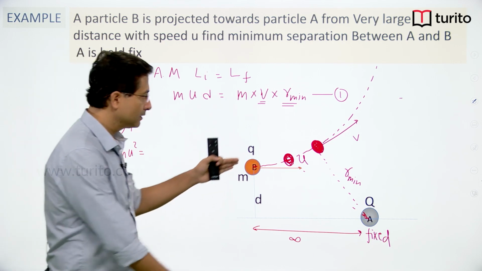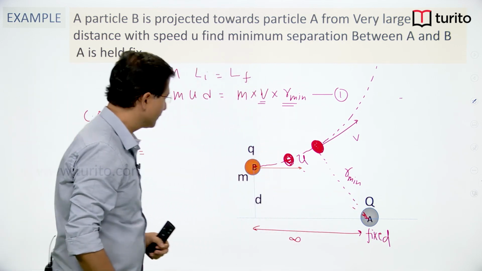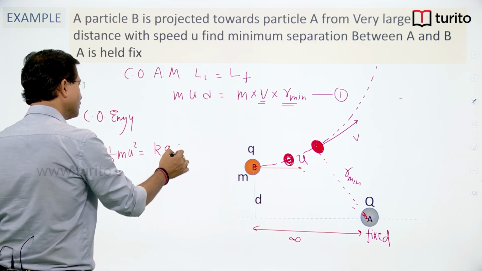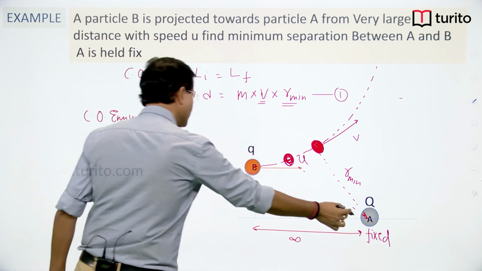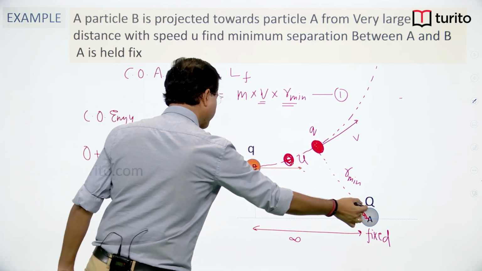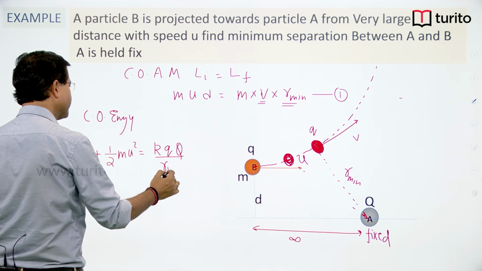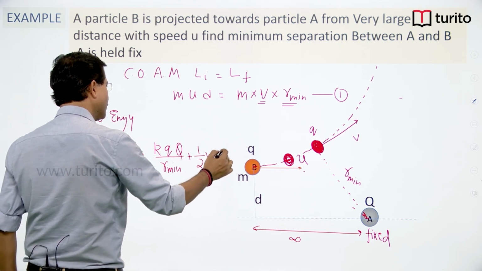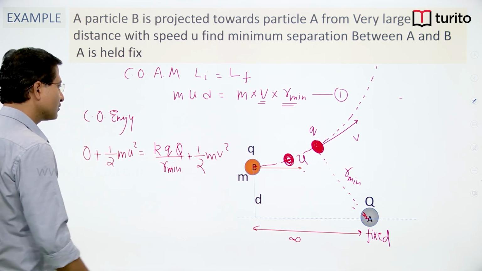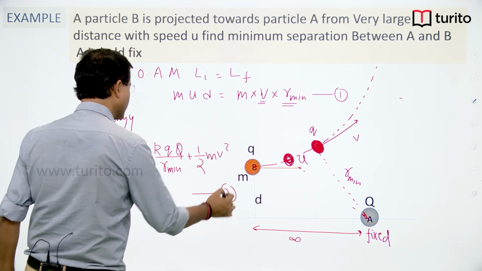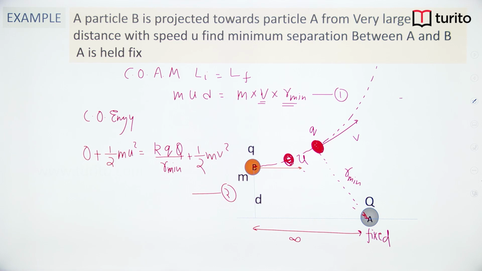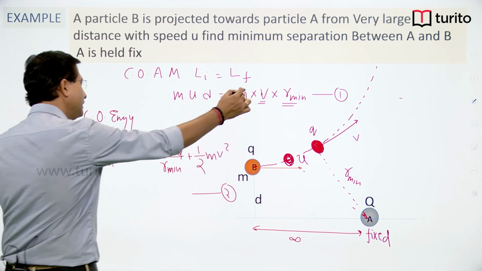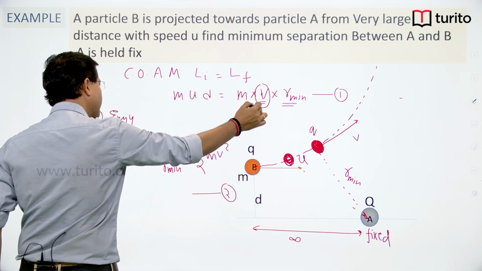Finally, when separation is minimum, the potential energy is k q q divided by r min, plus kinetic energy at this moment half m v square. This is equation 2. So, from this equation you can substitute the value of v in terms of r.